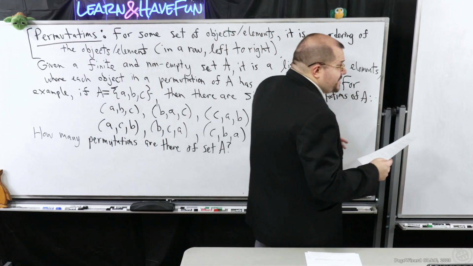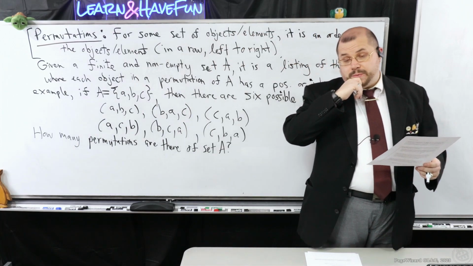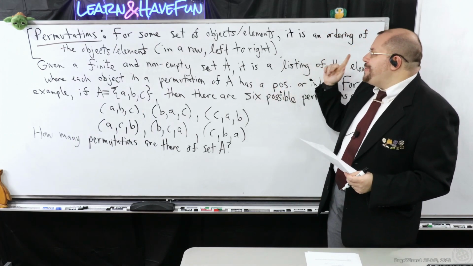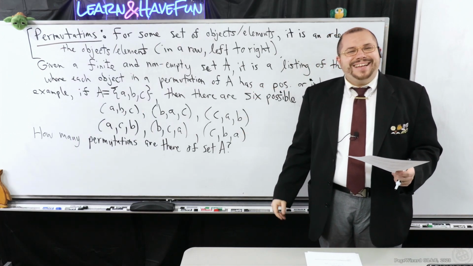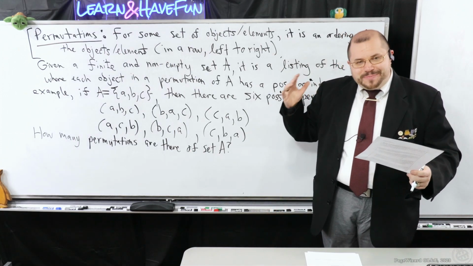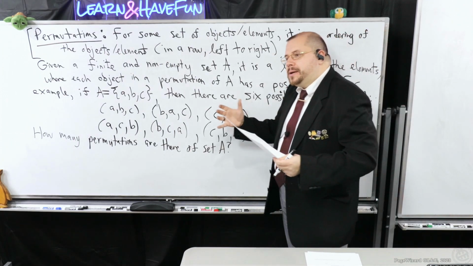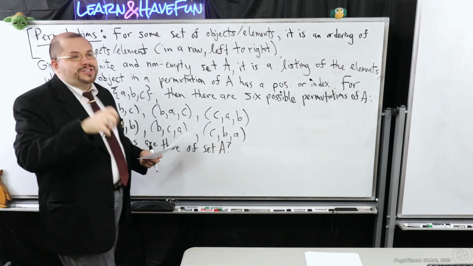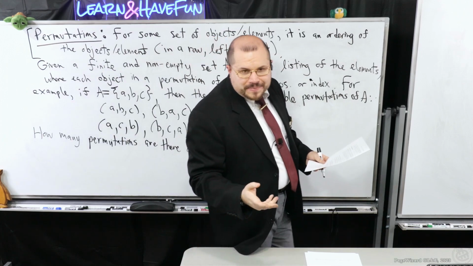Well, now let's think about this in a somewhat different way. Now, remember that it's an ordering, right? And we talked actually about this previously when we talked about the multiplication principle. Actually, in one of our applications, we talked about when we're allowed to reuse elements.